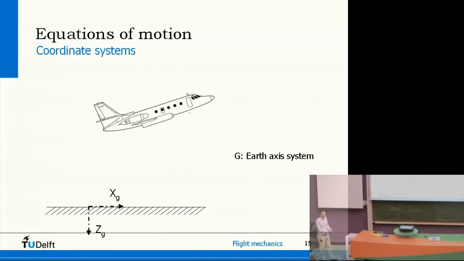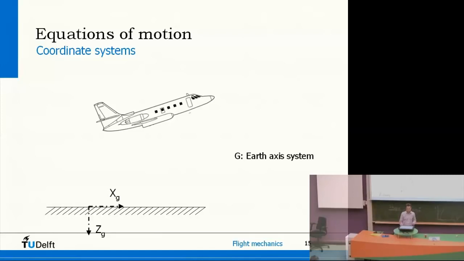Of course, it doesn't really matter a lot if the aircraft is flying in that direction or in that direction for your calculations. So the x-axis, you're free to choose which direction it is. The z-axis here is pointing to the center of the Earth. Now that's just an agreement. You could have chosen it the other way. This is the way it is, and it's completely fixed. So this thing is fixed to the Earth, it's not moving.